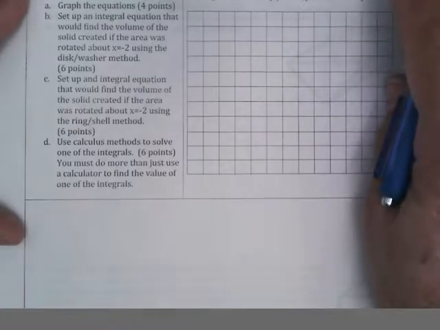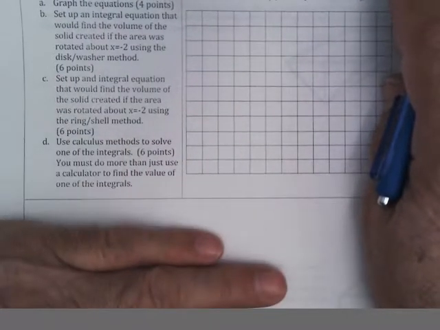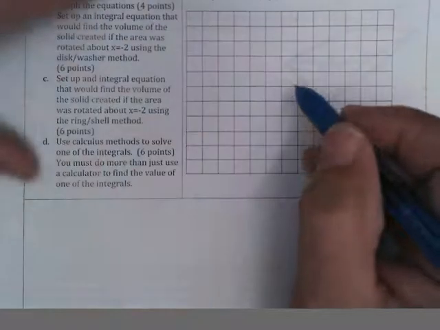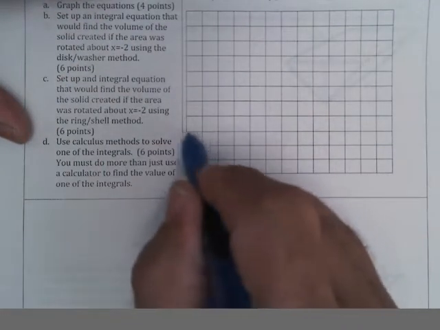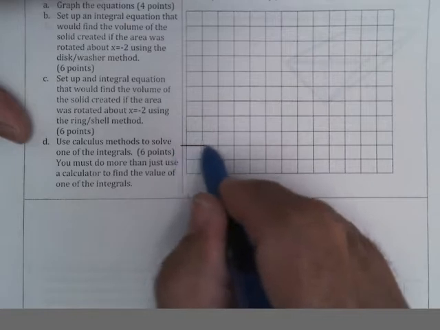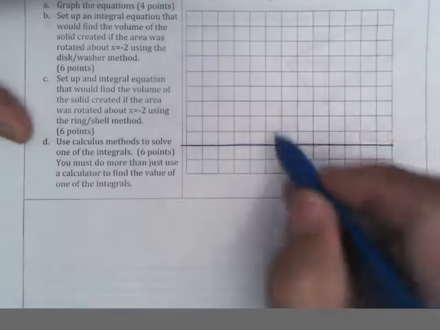Alright, this one, which it looked like several of you were struggling with, and some of you had trouble graphing this. So we got to go to y equals 8, so I would probably put my x-axis down here nice and low so I can get up to 8, and x cubed.